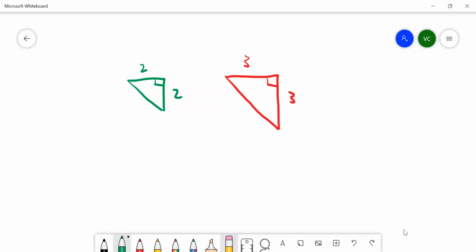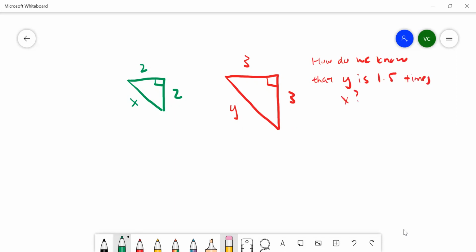Let's call our first diagonal on the green triangle X, and let's call our second diagonal on the red Y. So our question is, how do we know that Y is 1.5 times X?